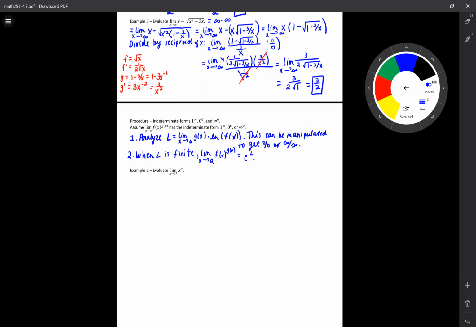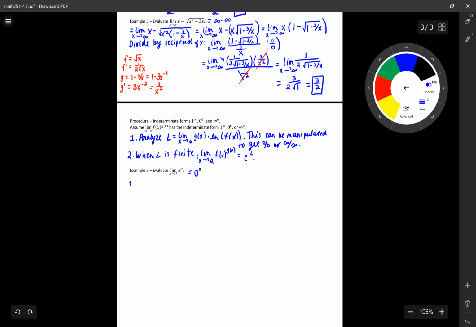So let's use this procedure in order to evaluate the limit as x goes to 0 from the right of x to the power of x. So here I have the limit as x goes to 0, so I have the form 0 to the power of 0. This is one of the forms that I've just learned about in this procedure.